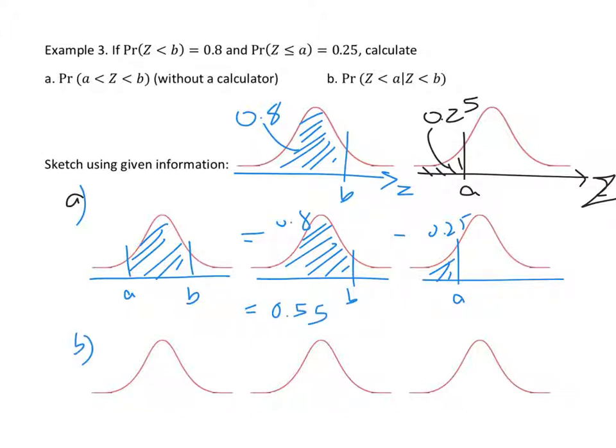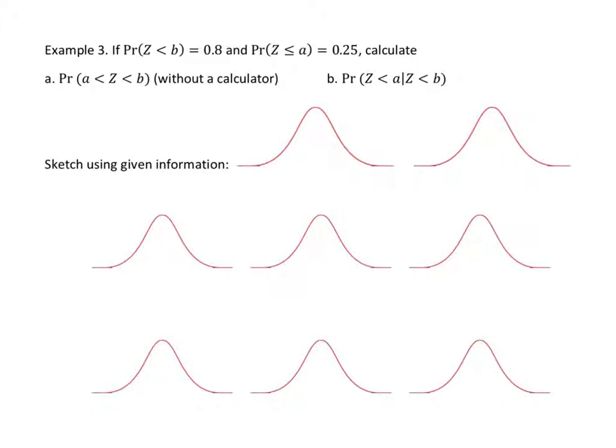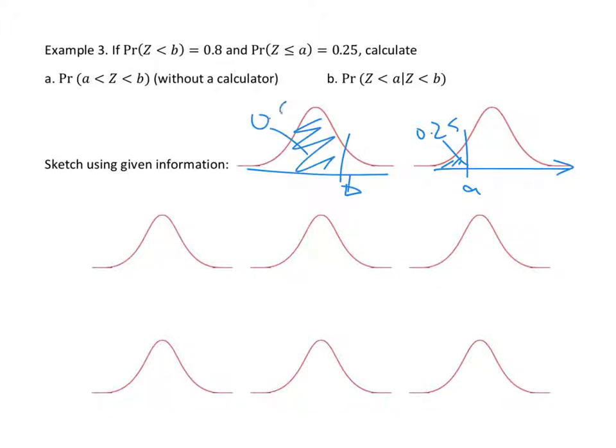For part B, I will require a new page, so I'll go to the next one. From before, we have a over here, and that's 0.25 under there. And we have b over here, and that's 0.8 over here.